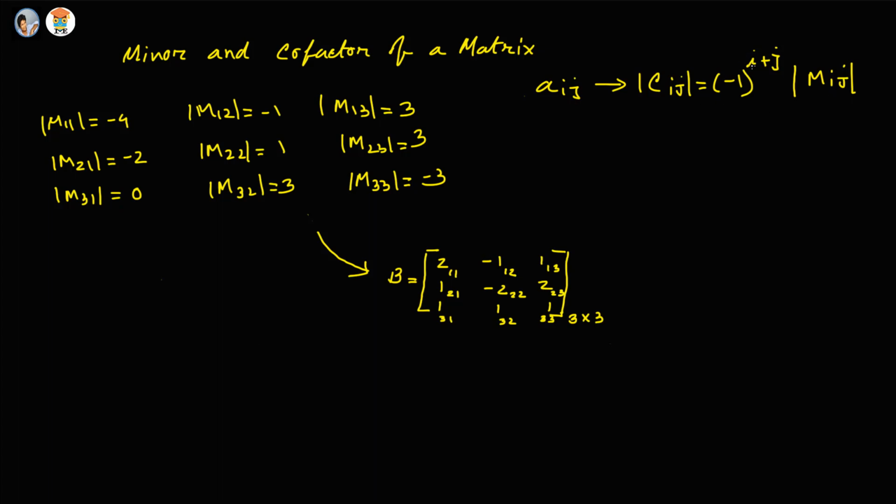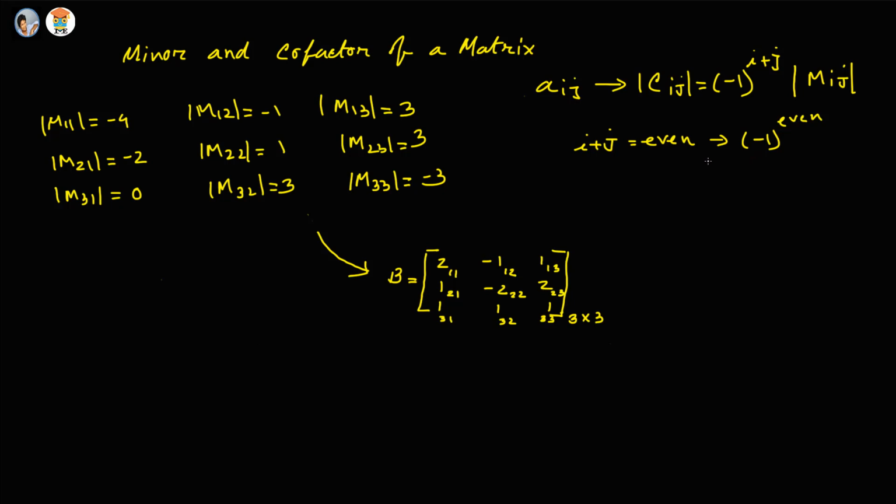If we look at this formula, if i plus j is an even number, then it will be minus 1 to the power even number 2, 4, 6, whatever. That means we are multiplying minus 1 even times, which will have an answer equal to 1.